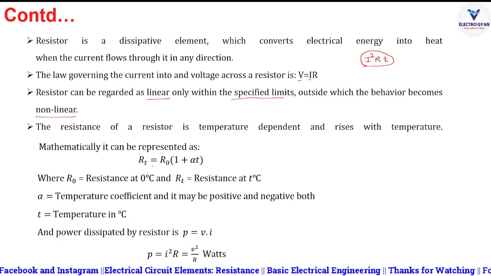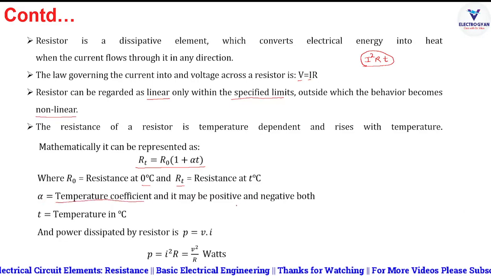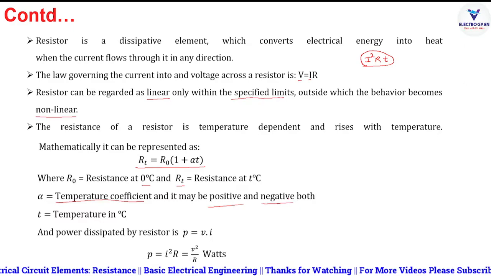The dependency on temperature can be expressed by this formula: R_T equals R_0 times (1 plus alpha T), where R_0 is the resistance at 0 degrees centigrade, R_T is the resistance at T degrees centigrade, and alpha is the temperature coefficient. It may be both positive and negative. In an upcoming video, I will discuss the dependency of resistance on this alpha.